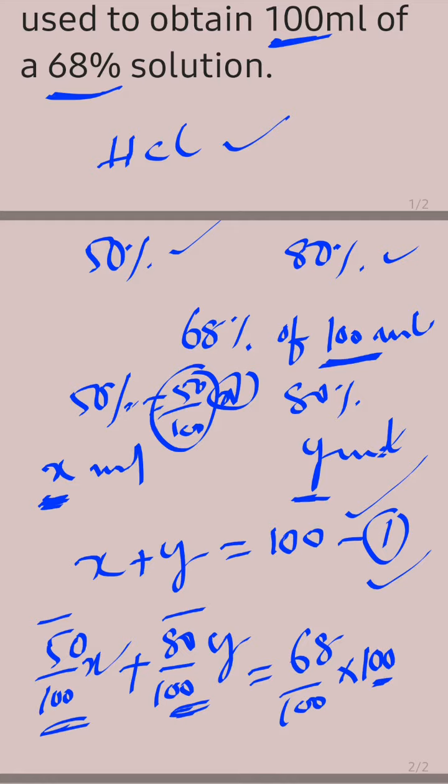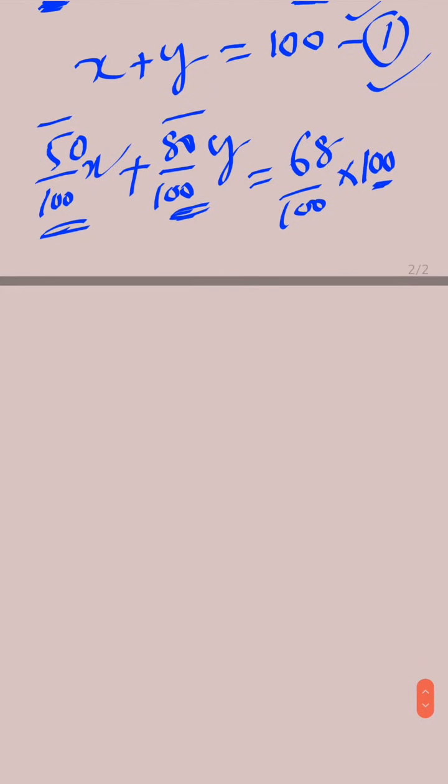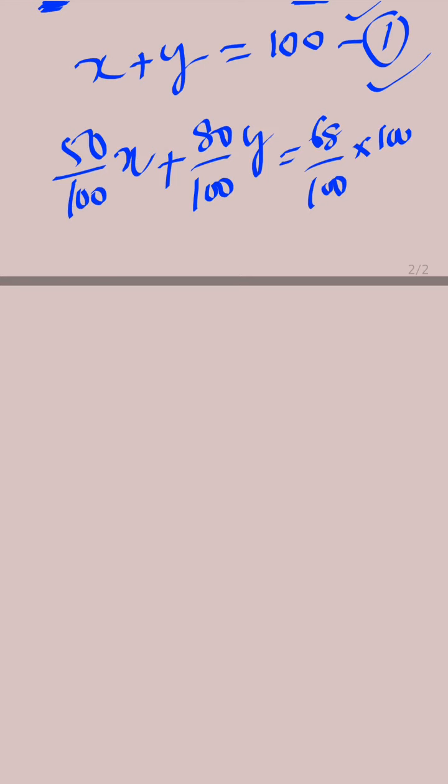Now if I simplify, I'll get another equation. All terms have 100 as the denominator, so if I cancel all the denominators, that means all terms multiplied by 100 will cancel, and all terms also have zeros, so I divide by 10 over.